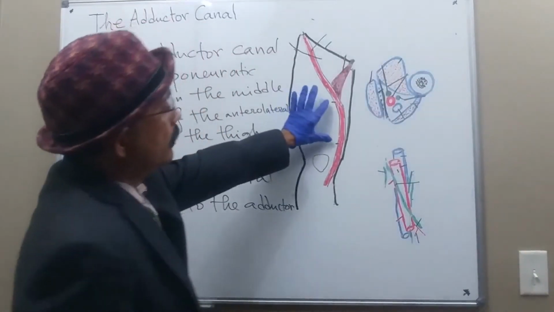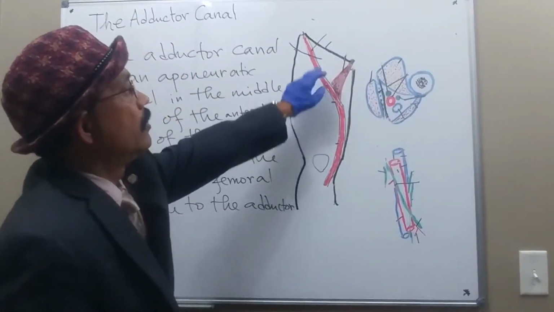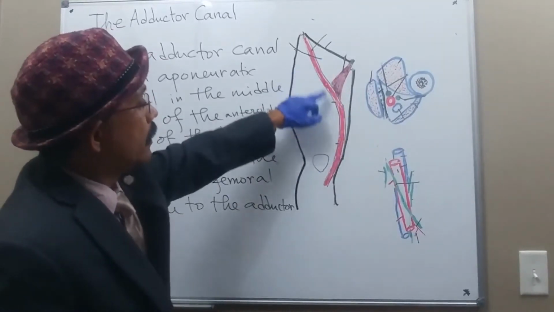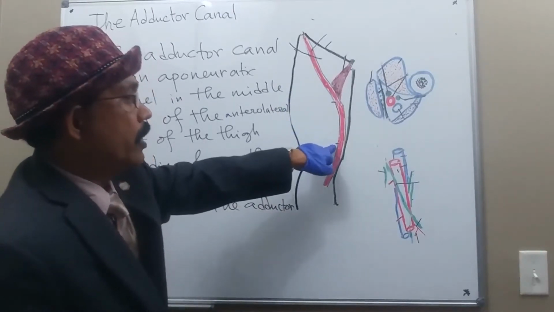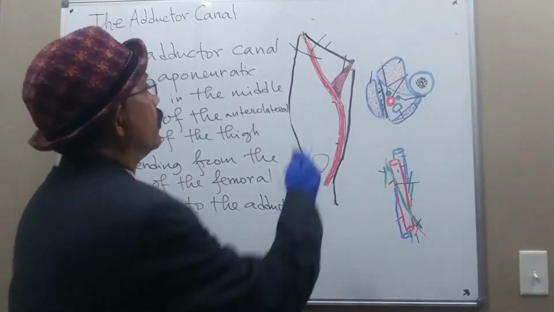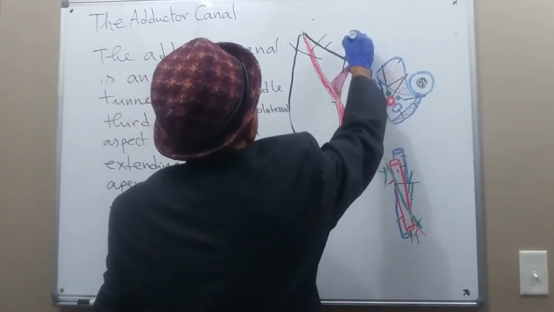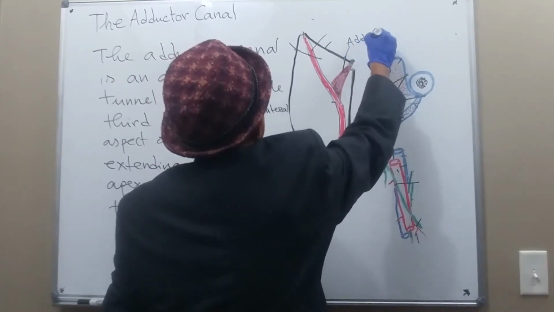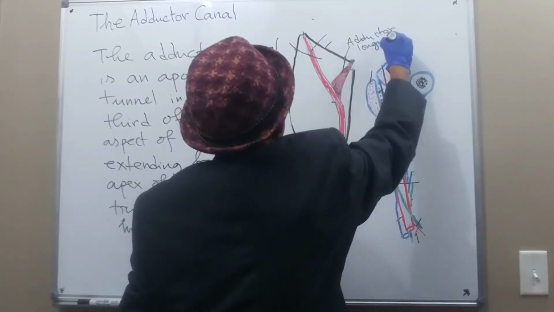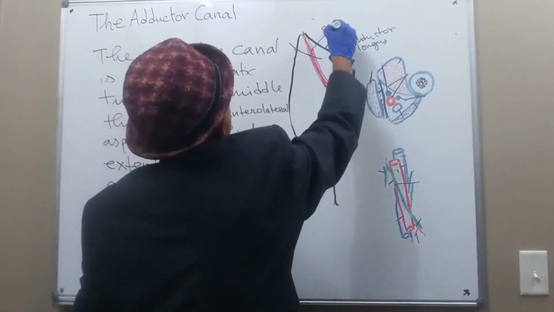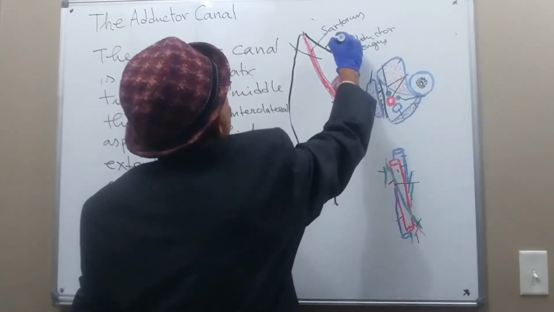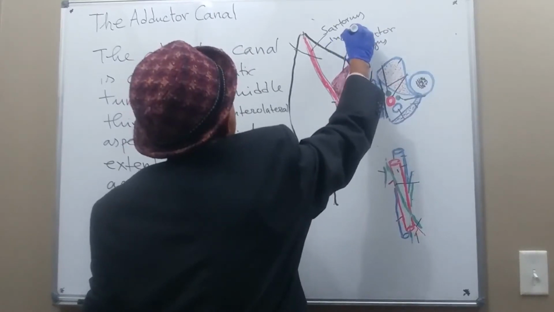So this extends from the apex of the femoral triangle. This is the femoral triangle, and here we have the approximate area of the adductor hiatus. In the femoral triangle, we have the muscle adductor longus here. This is the sartorius muscle. This is the inguinal ligament.